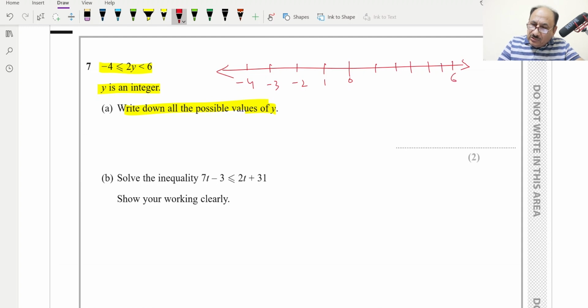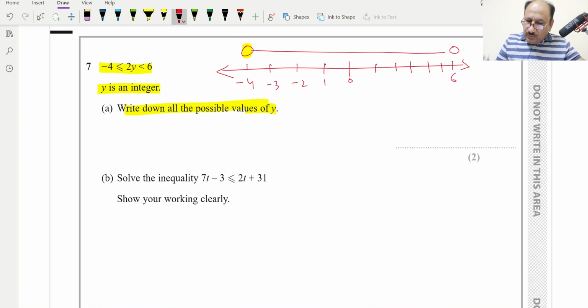So these numbers will be starting from here, and since it is equal to, this will be filled, so the arrow will be from here to this one. So all these numbers will be our answer.